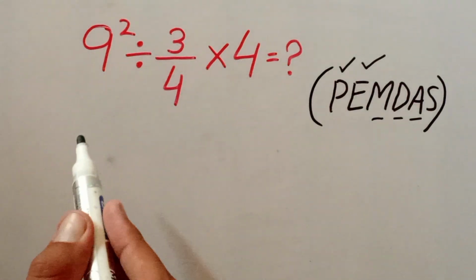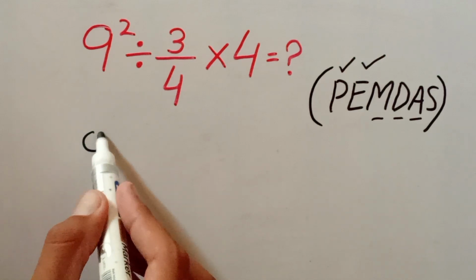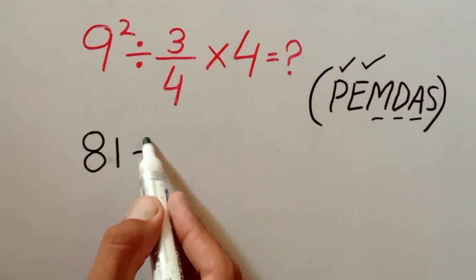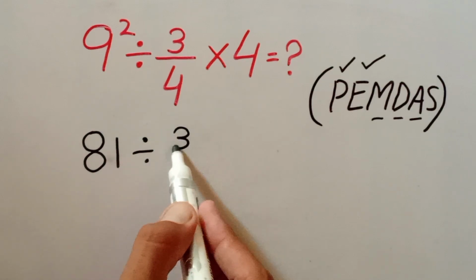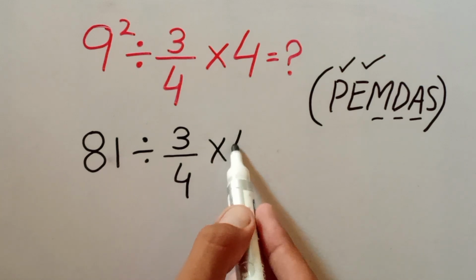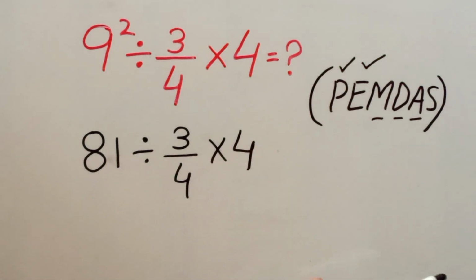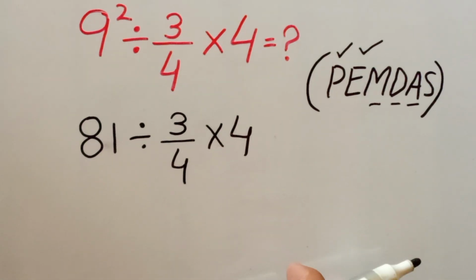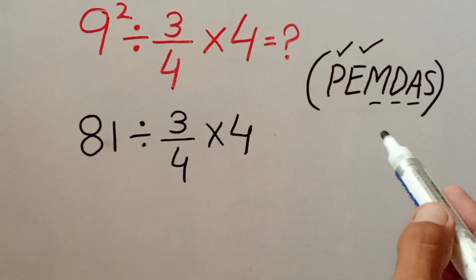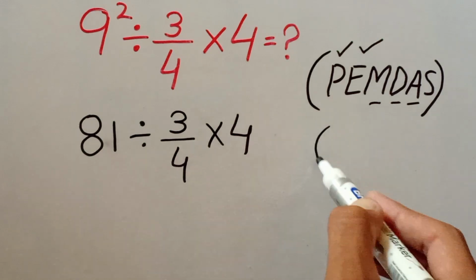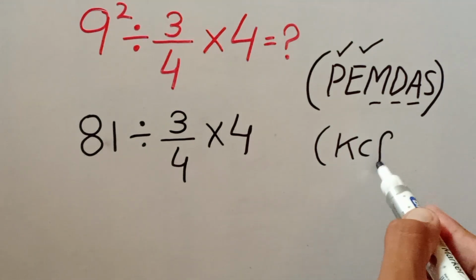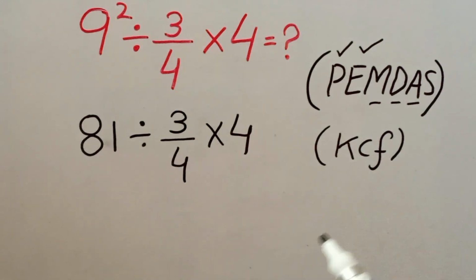So 9 square is equal to 81. So I can write here 81 divided by 3 divided by 4 times 4. Now guys, the next step is that I can use one rule which is called the KCF rule, where K stands for keep, C stands for change and F stands for flip.